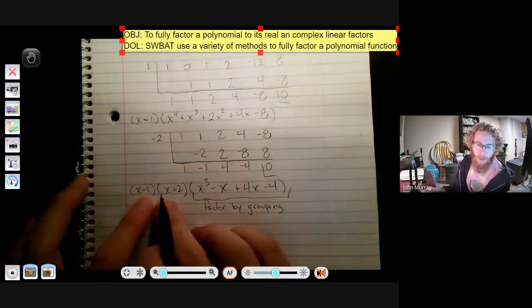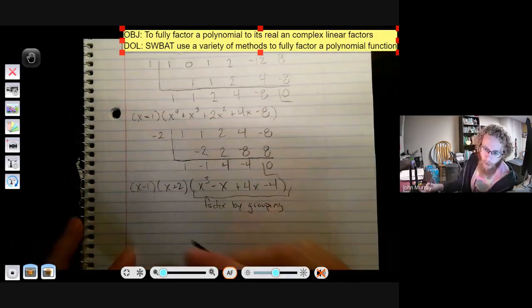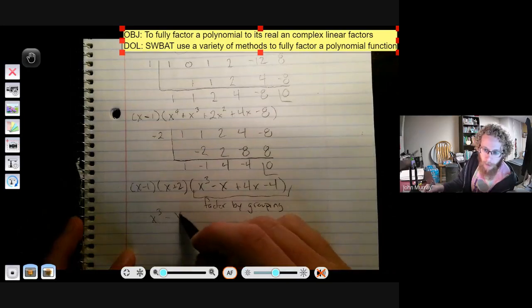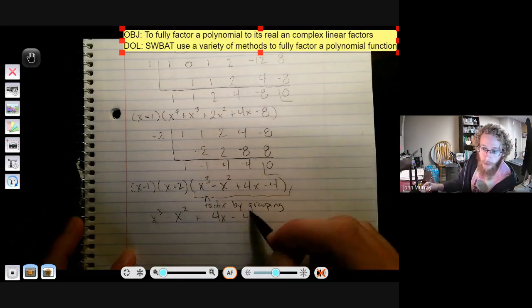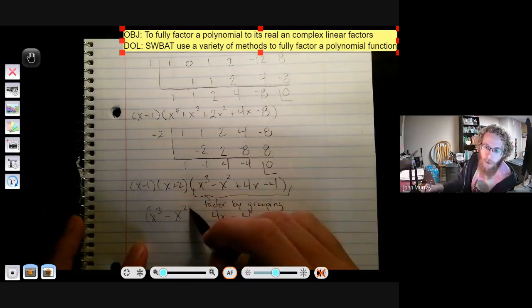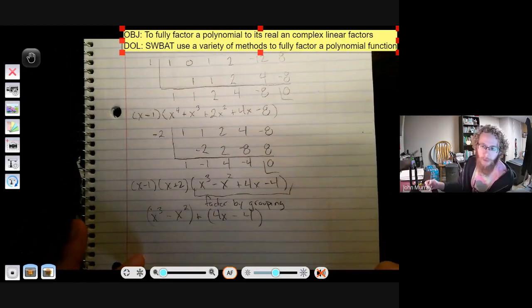So factor by grouping. I'm going to forget about these 2 for now, and I'm just going to focus on this. So I'm going to rewrite it. Oops, I forgot a squared there. x squared. All right, so factor by grouping tells us to look at the first two terms by themselves and the second two terms by themselves.